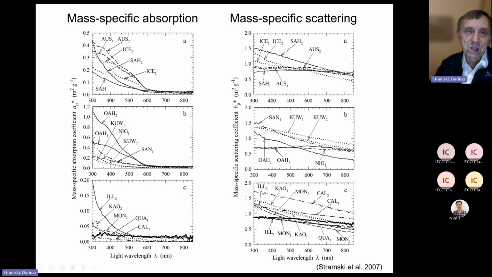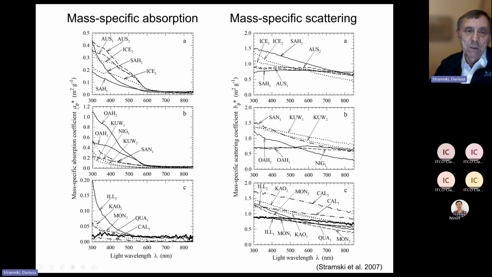So in order to optically compare different particle assemblages, mineral assemblages, we normalize the measurements of the absorption coefficient by the total mass concentration of particles, sometimes called suspended particulate matter, SPM.